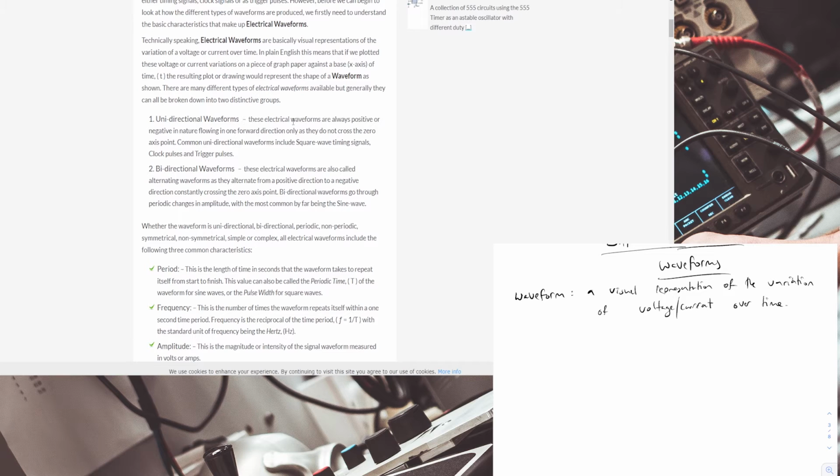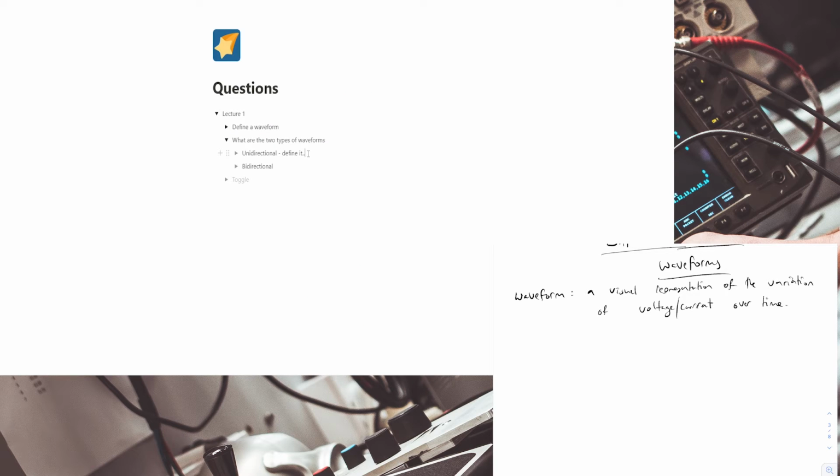Common unidirectional waveforms include square wave timing signals, clock pulses, and trigger pulses. Unidirectional, so they go one way. They're either positive or negative, because obviously you could get -2 amps of current, but it's only flowing one way. And a common example is square waves, clock pulses, trigger pulses. I'm comfortable with that.